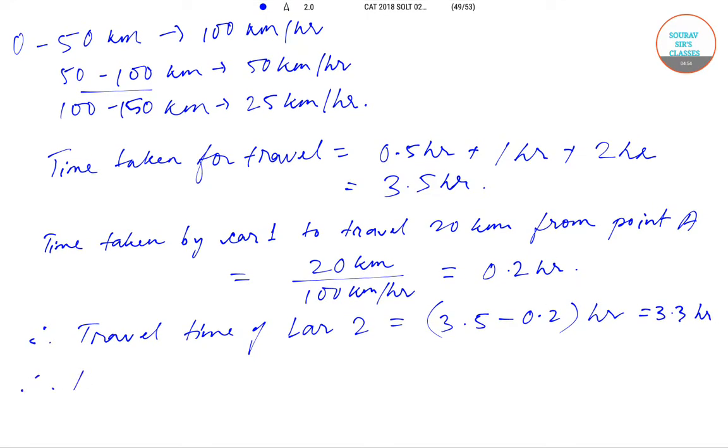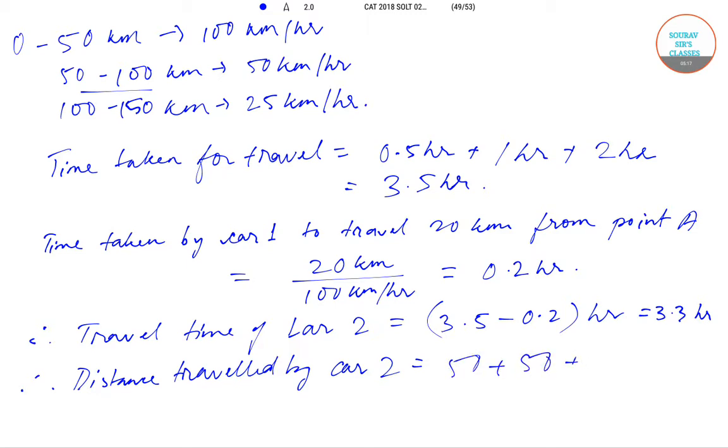So the distance traveled by car 2 in 3.3 hours: for the first 50 kilometers, it would have already traveled. The second 50 kilometers would also be covered.